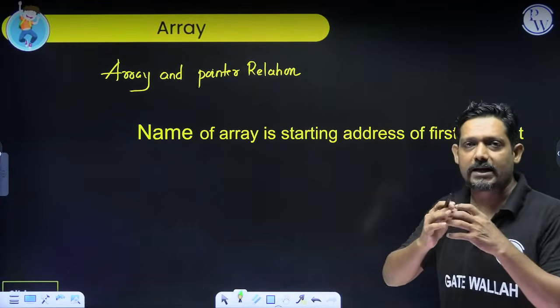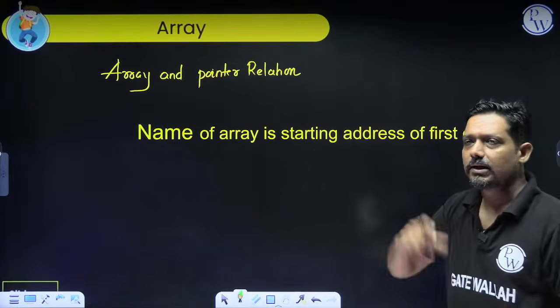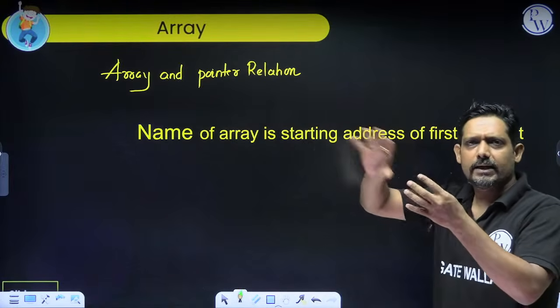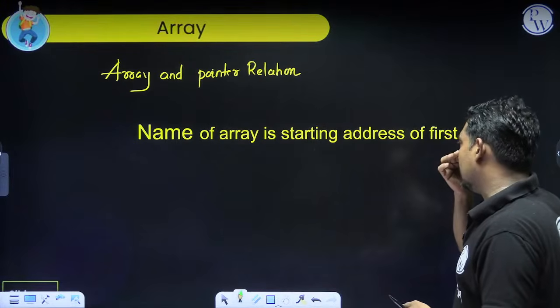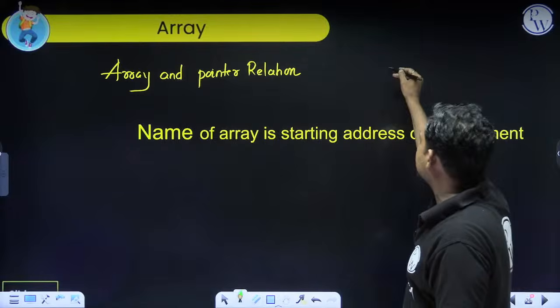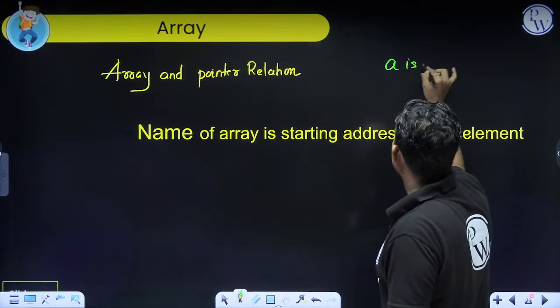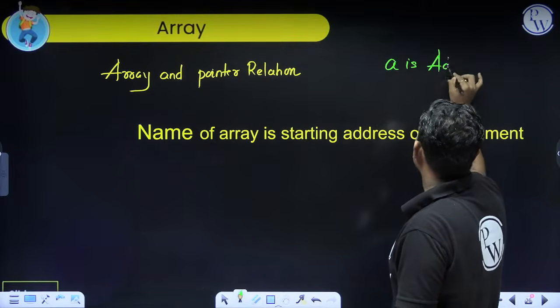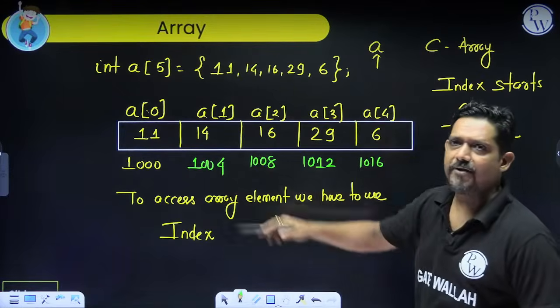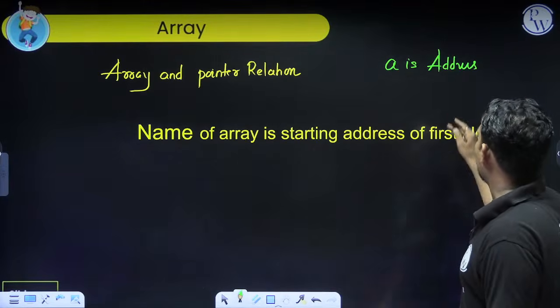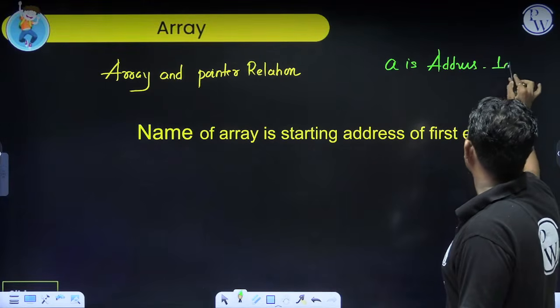We never pass the entire array; we pass only the starting address. The function does the manipulation and then comes back. So when I say A, it is an address, and in this diagram the value of A is address 1000.